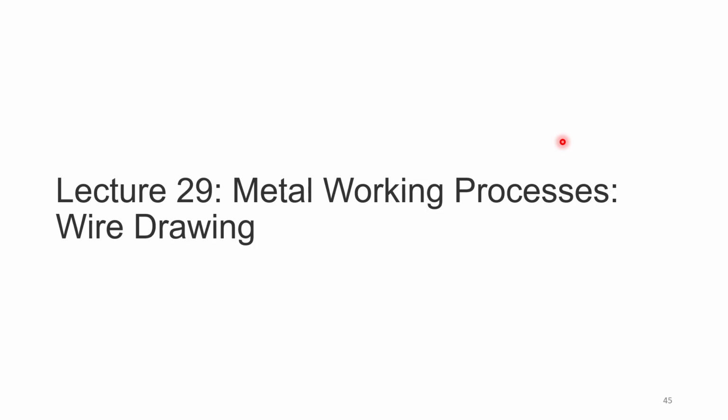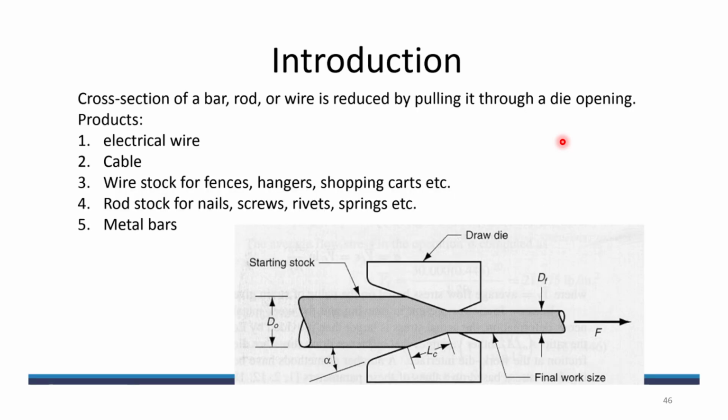Next is wire drawing. It is similar to extrusion, but here your initial material and final material are both wires. The cross section of the bar, rod or wire is reduced by pulling it through a die opening.